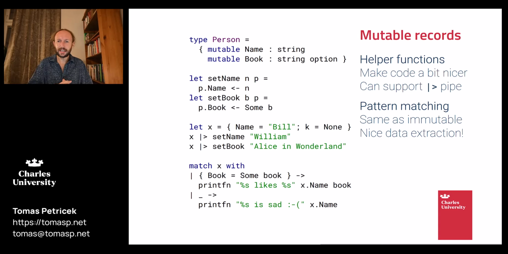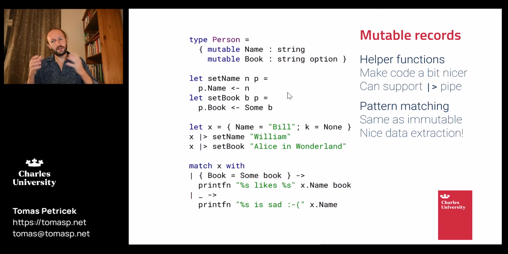So what's the syntax? To mark a field as mutable, you can use this mutable syntax. So we're defining a person who has a name and a book, and both of these are mutable properties.